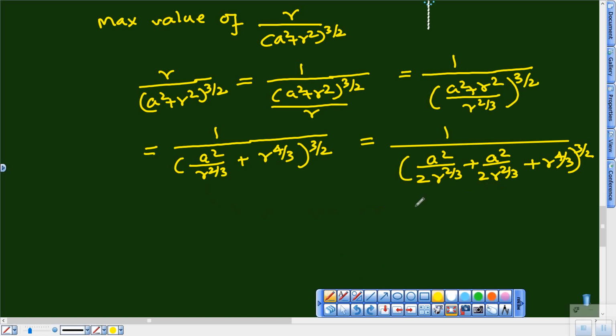Why I have done this? I have done this to apply AM and GM inequality. Look at the denominator.